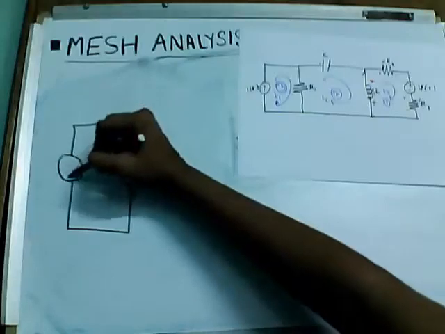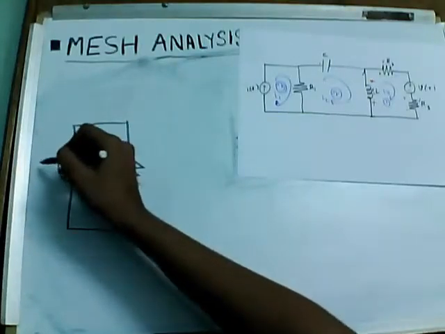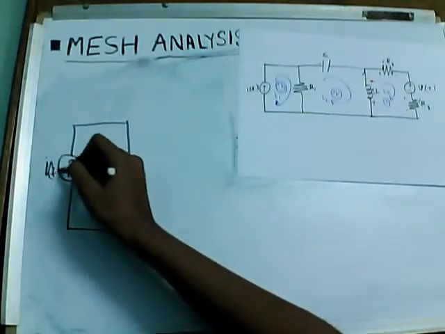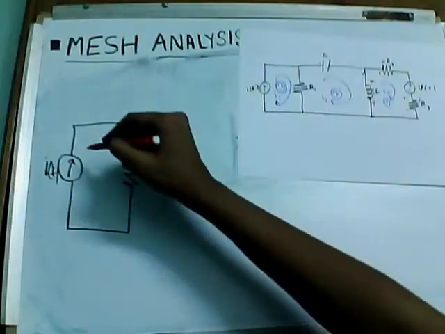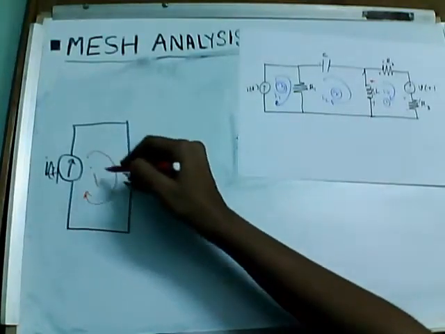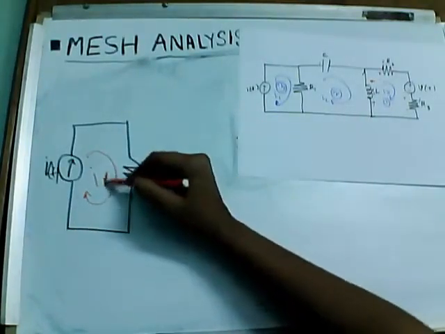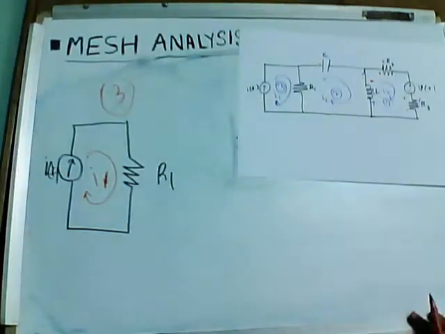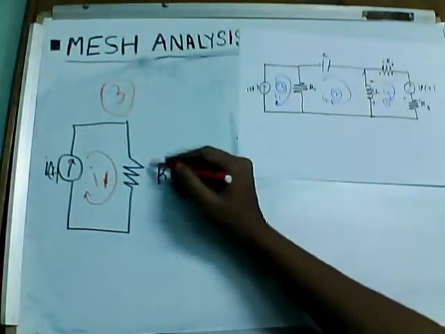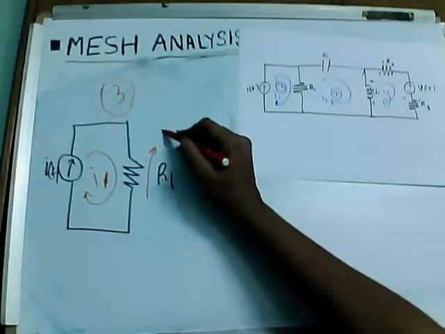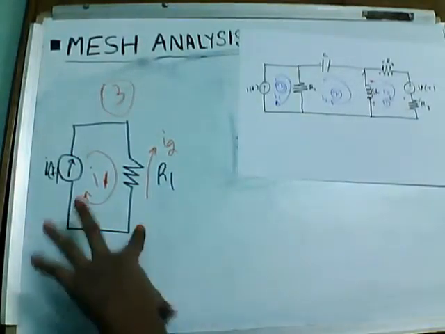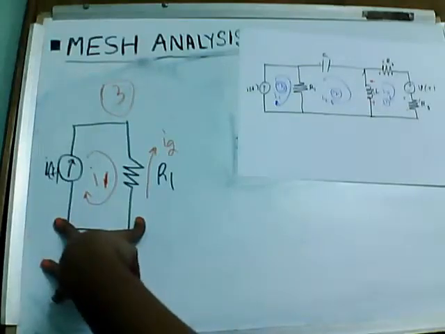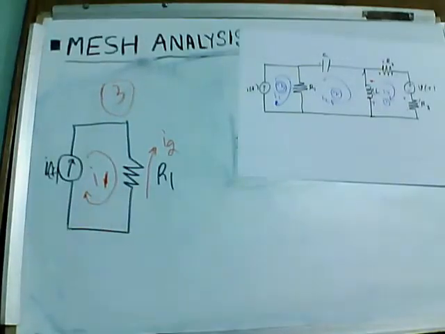That's it. This is I of t and this is R1. We have here I2. Do you know one thing? The voltage across any two parallel elements will be the same.